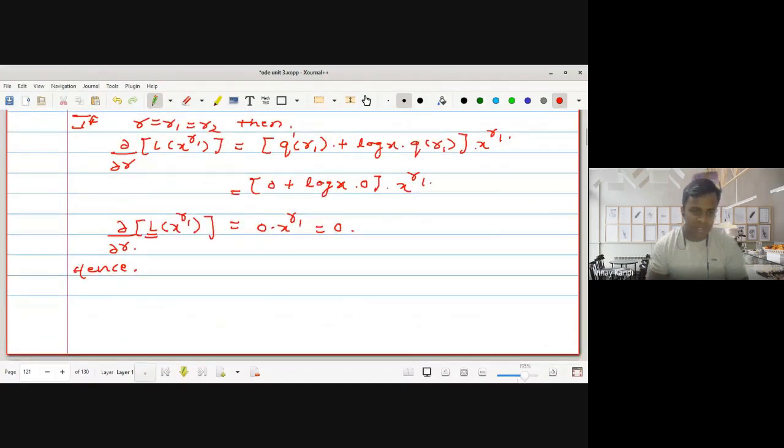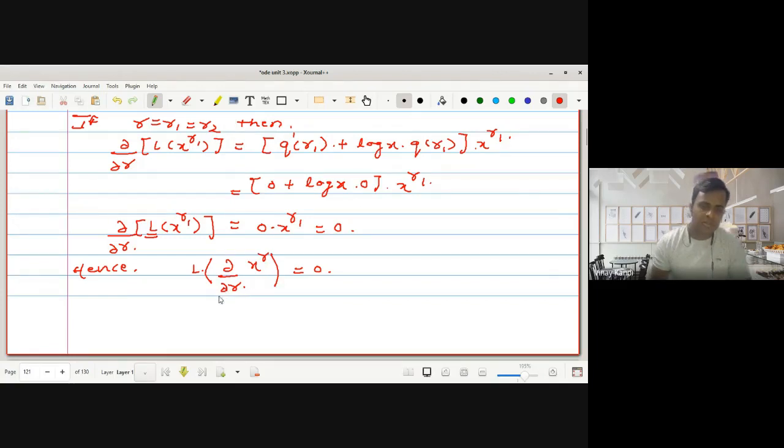A differential operator, and a differential operator is linear. So we can take this outside of dou by dou r. We can write L of dou by dou r of x raised to r, which is equal to 0. Instead of r1 we can write r only, because r is equal to r1 is equal to r2.